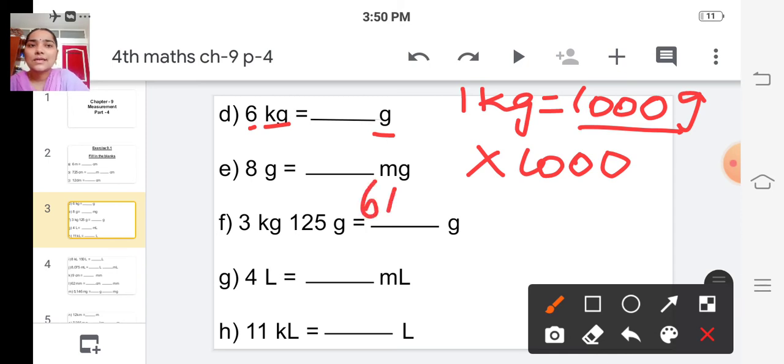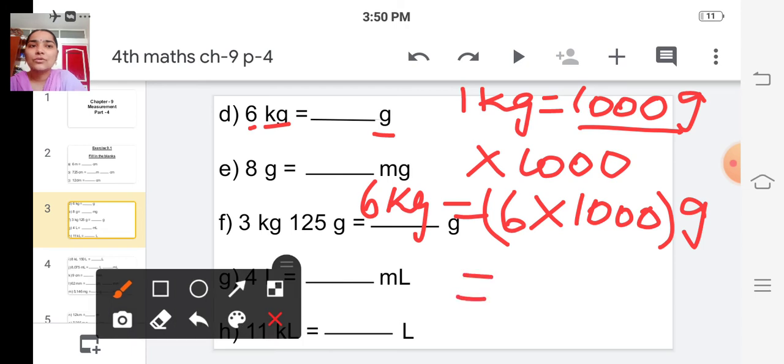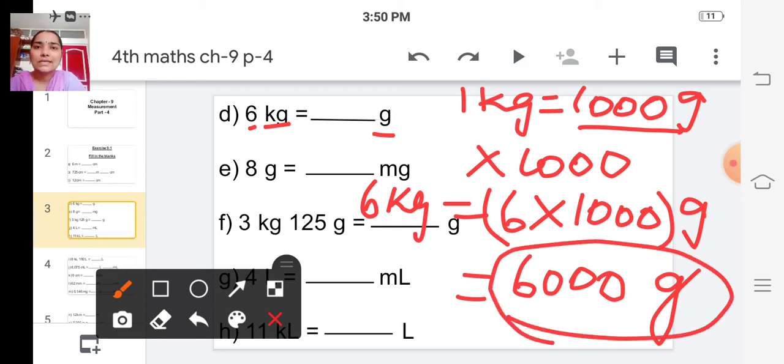So 6 kilogram is equal to 6 into 1000 grams, which is equal to 6000 grams. So the answer is 6000 gram. Write 6000 here.